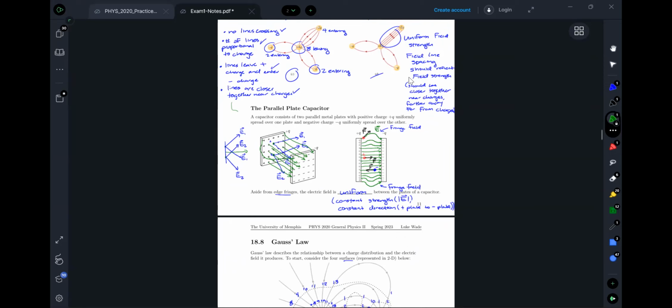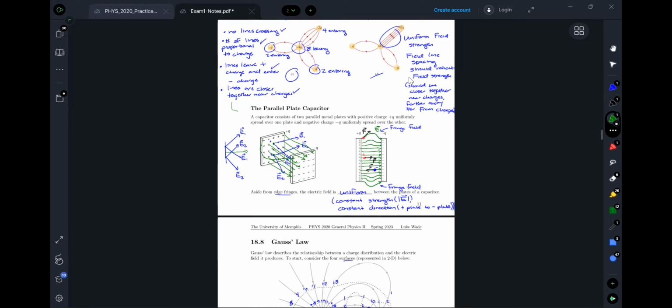And so in terms of field lines, if they're all straight across, evenly spaced, besides the edges, besides those fringe fields, what can we say about the strength of the electric field? It does curve on the outside, so that's the fringing. We usually ignore that in most of what we're talking about, but it does happen.